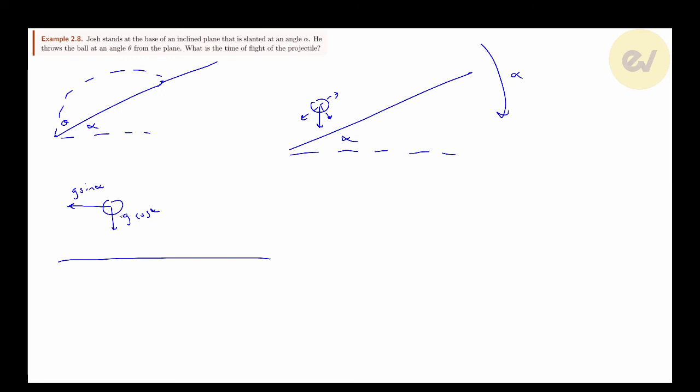And knowing this, the problem becomes a lot easier actually, because now we have this constant vertical and horizontal acceleration, and you can think of the ball: oh, it's going to fall down like a regular ball, but it's also going to be accelerating this way.